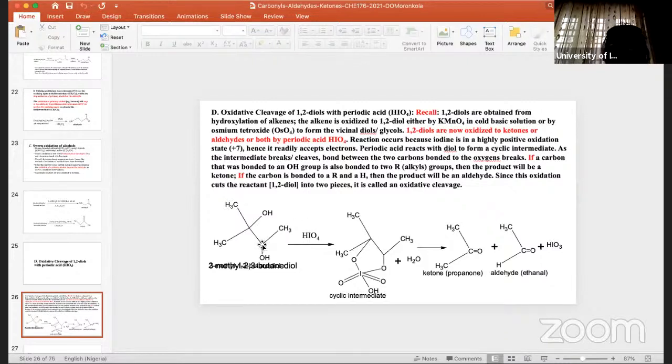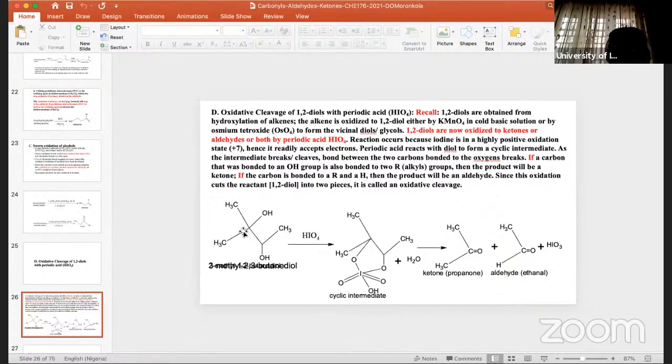If the carbon carrying the OH is also bonded to an extra hydrogen, like in this place where my cursor is, there is a hydrogen on this carbon. That is what is responsible for the aldehyde after the cleavage of that cyclic structure. It results in the aldehyde part of that diol.